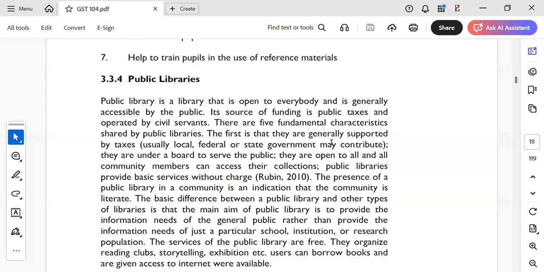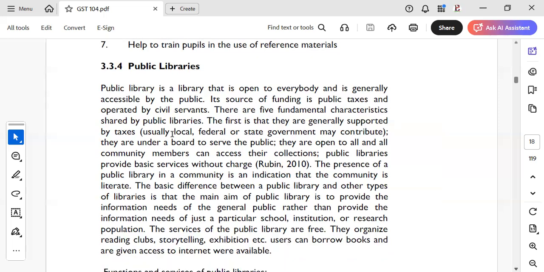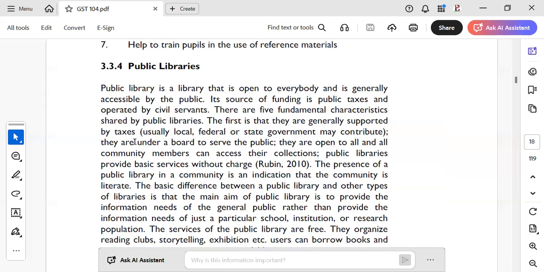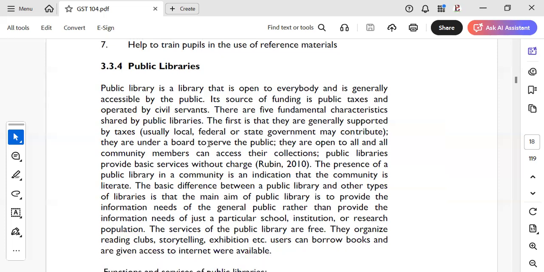So the first thing you should know, we have 5 characteristics. One is that it's supported by taxes. Another one is that they are under a board to serve the public. That is the second thing.